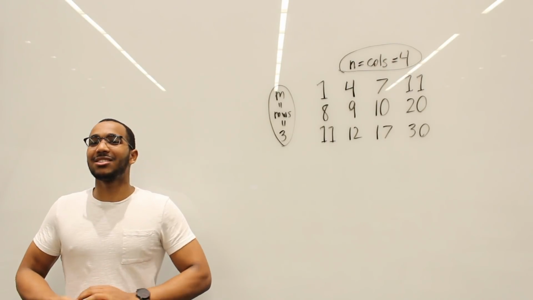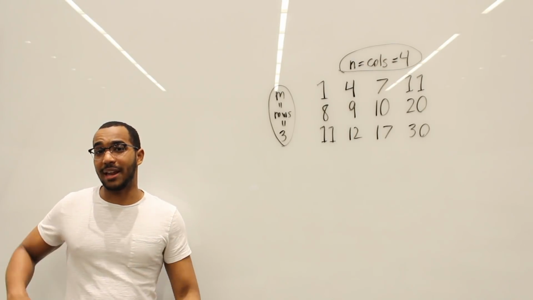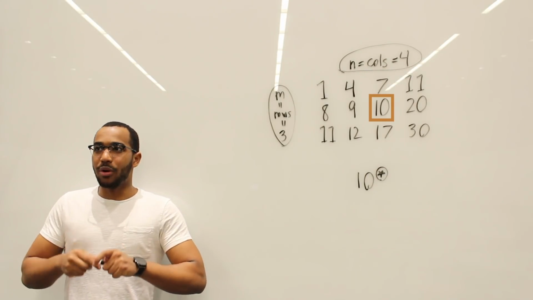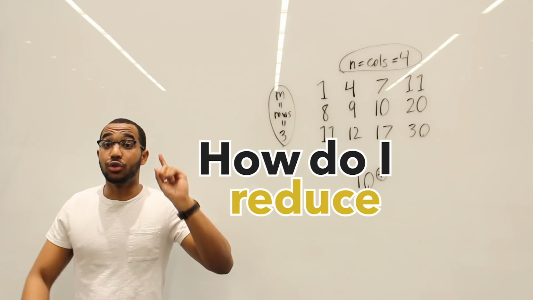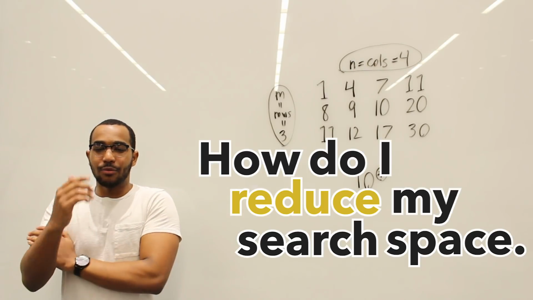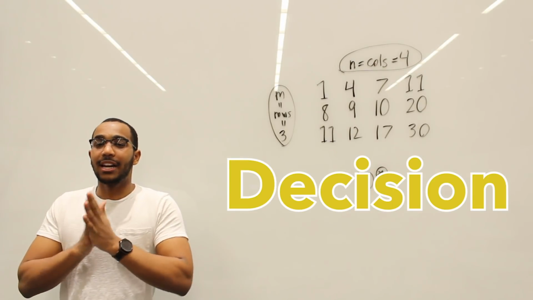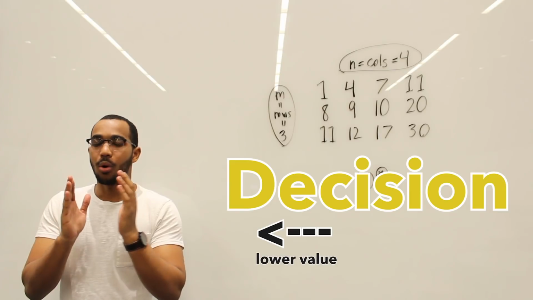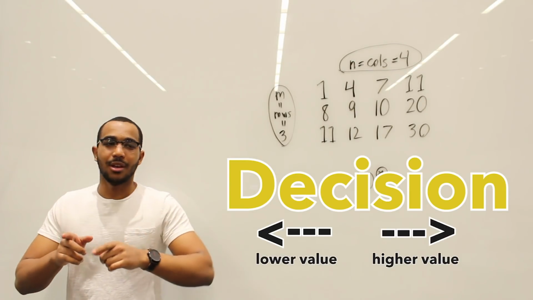So let's do an example. Let's look for item 10. What we're trying to keep in mind is, how do I reduce my search space? And a reduction of search space entails a decision. In binary search, our decision is go left or go right.